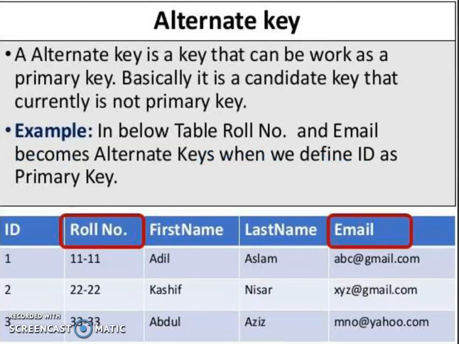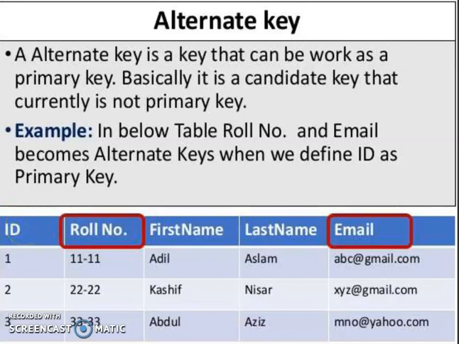An alternate key is a key that can work as a primary key. Basically, it is a candidate key that currently is not a primary key. For example, you have three candidate keys: ID, roll number, and email. But for developing a relationship between two tables, that means two entities, you use ID as a primary key.